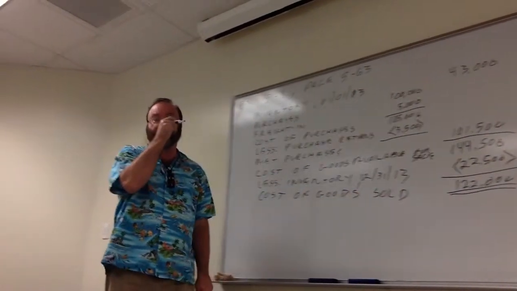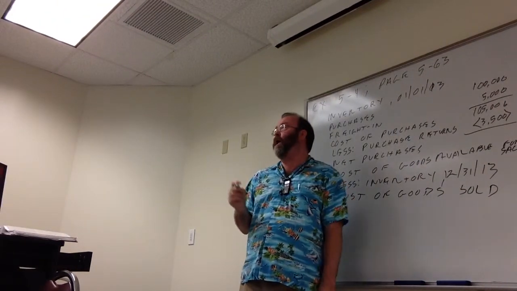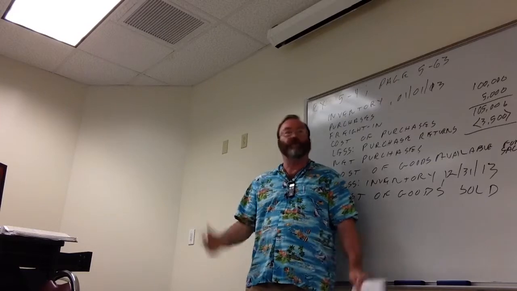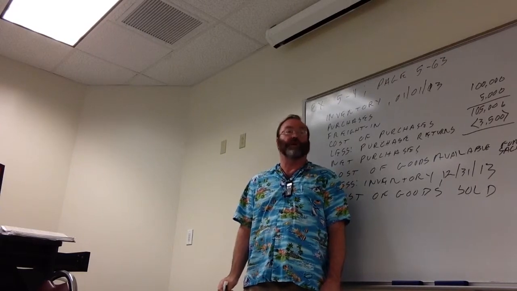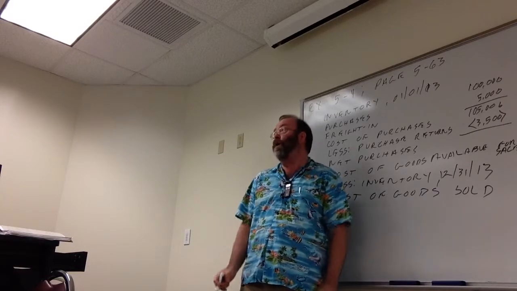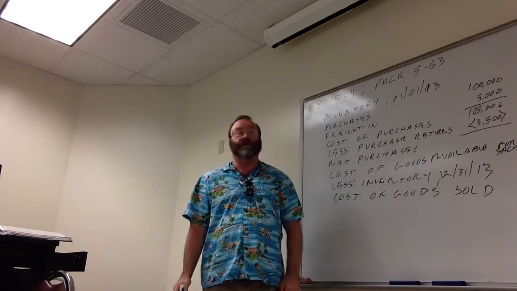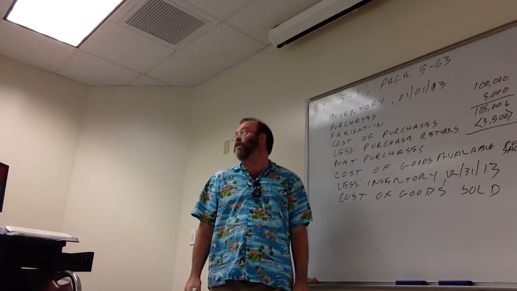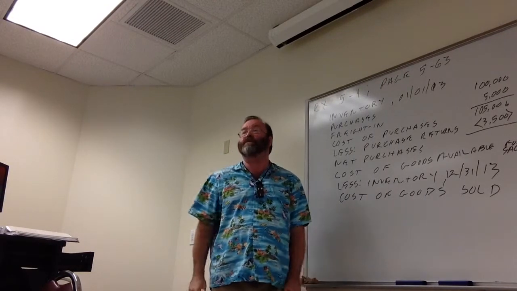So this is the calculation that you make under a periodic inventory system every time you need to produce a financial statement, whether that's monthly, quarterly, or annually. However often that you need to actually issue financial statements, you've got to go through and do this count. You have to physically count everything that's left over.